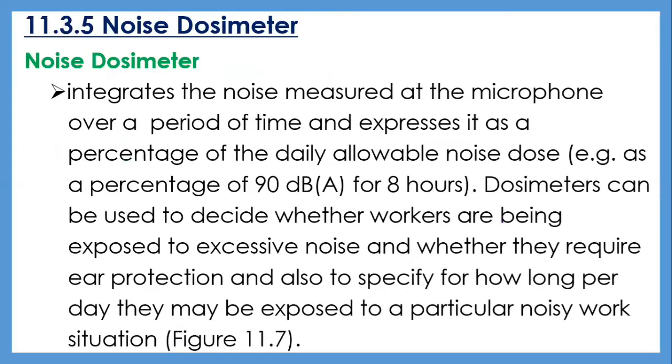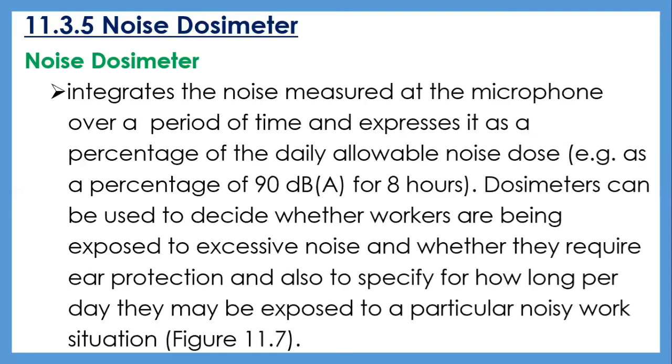The next key area that we're going to be discussing is noise dosimeters. A noise dosimeter integrates the noise measured at the microphone over a period of time and expresses it as a percentage of the daily allowable noise dose, or as a percentage of 90 dBA for 8 hours.